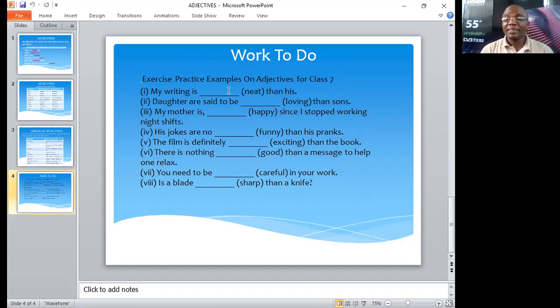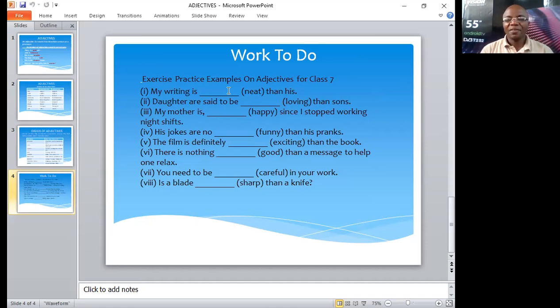You understand? Yes. My writing is dash than his. We have the adjective neat in the brackets. So you're supposed to use the right degree of the adjective. Daughters are said to be dash than sons.